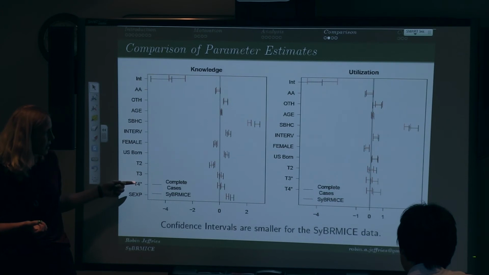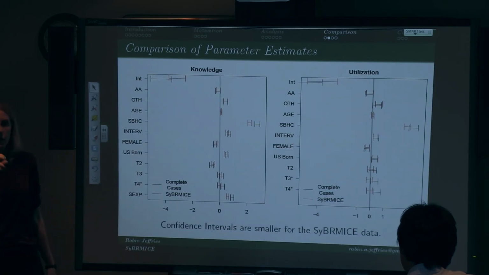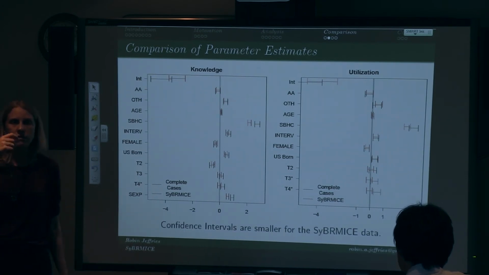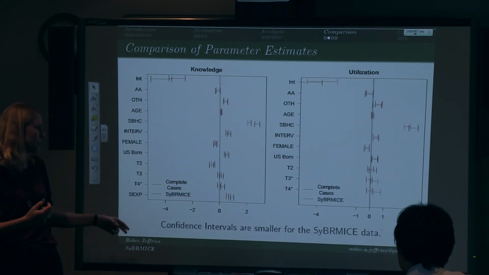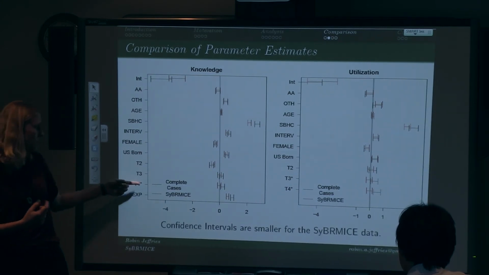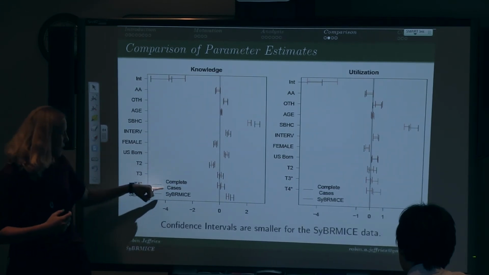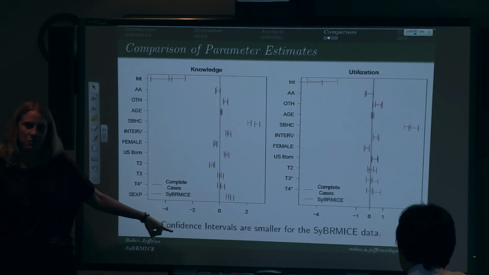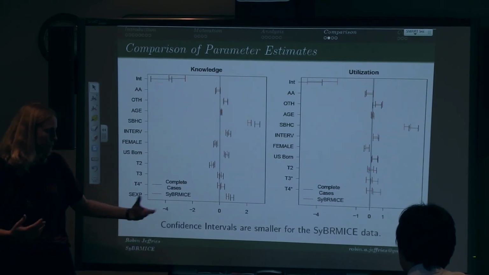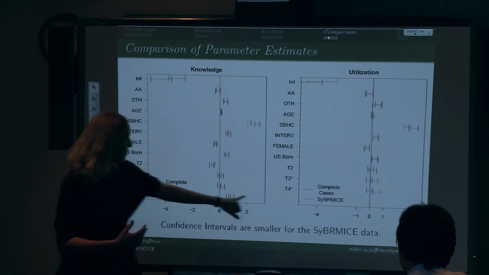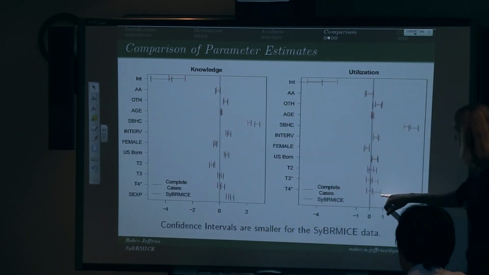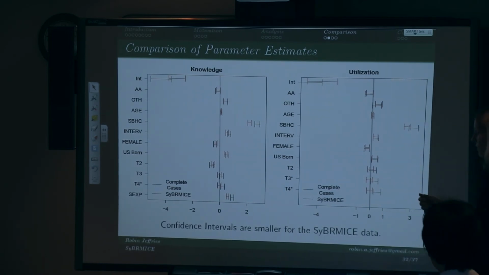But in these starred cases, the association is significant in the complete case, but not in the Cybermice after performing that. So we can see here, in the complete case, T4 is higher than T1, but under the Cybermice, there is no difference between the 2 years in capitalization across the 2 years.